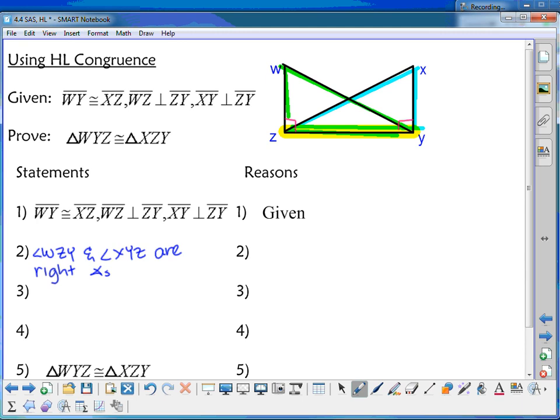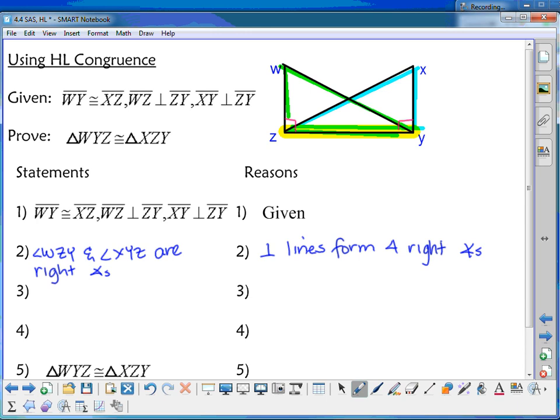And I knew that because the lines were perpendicular. Perpendicular lines form four right angles. Or in this case, you could have also used the definition of perpendicular lines.